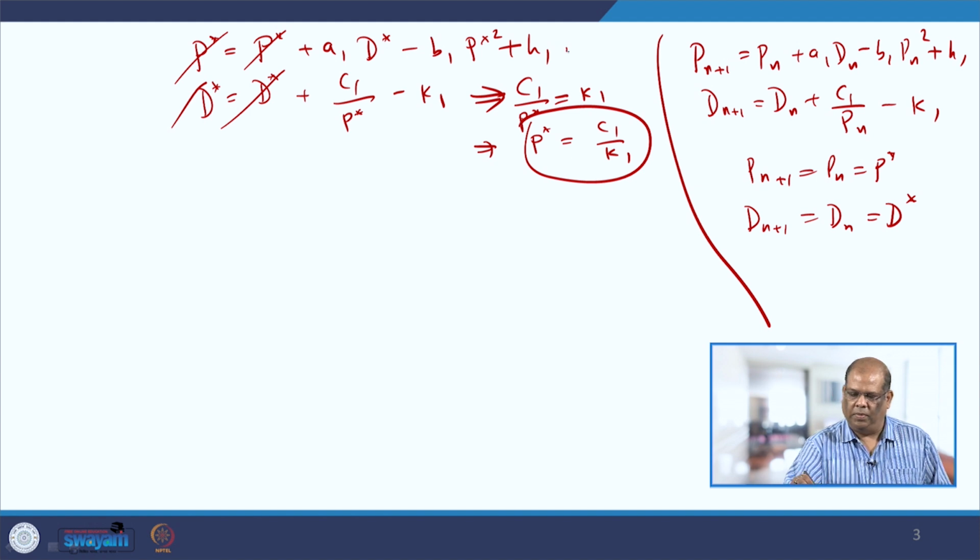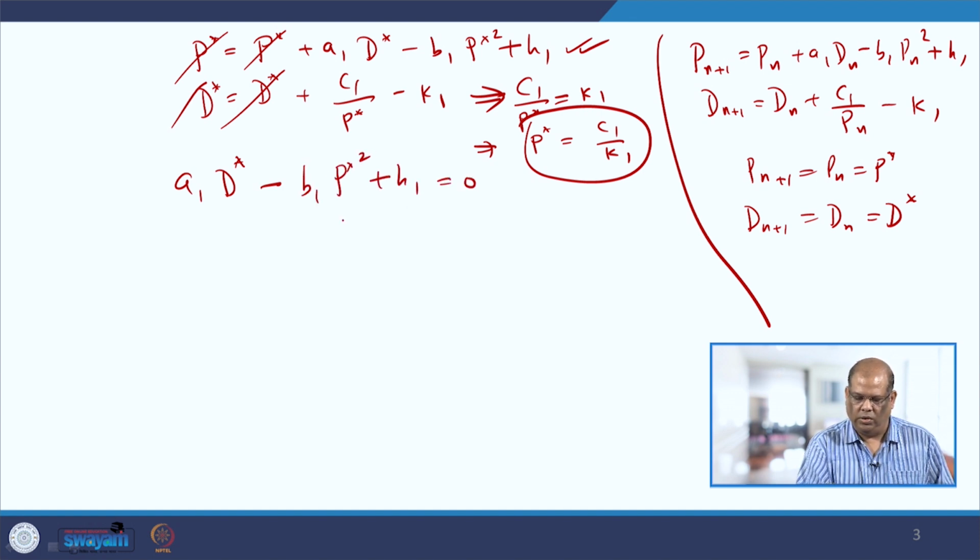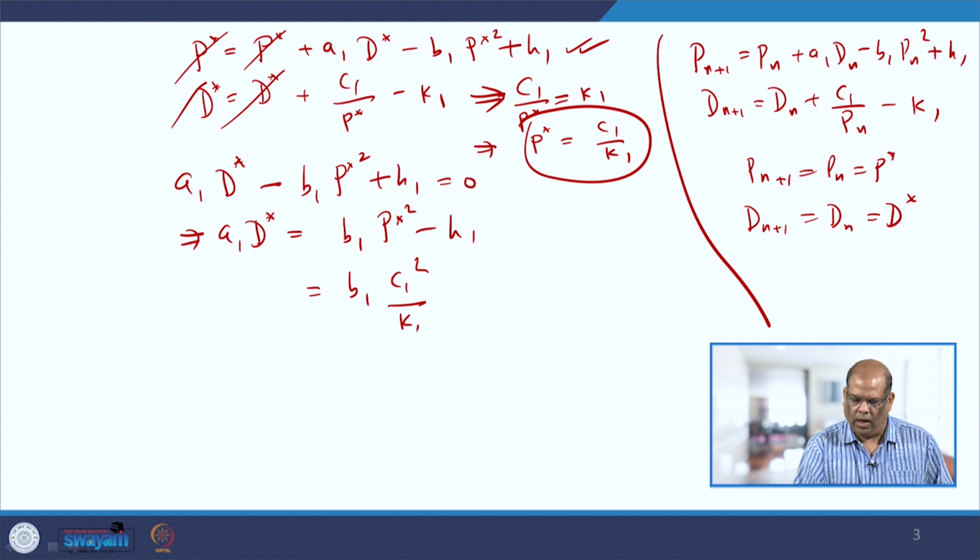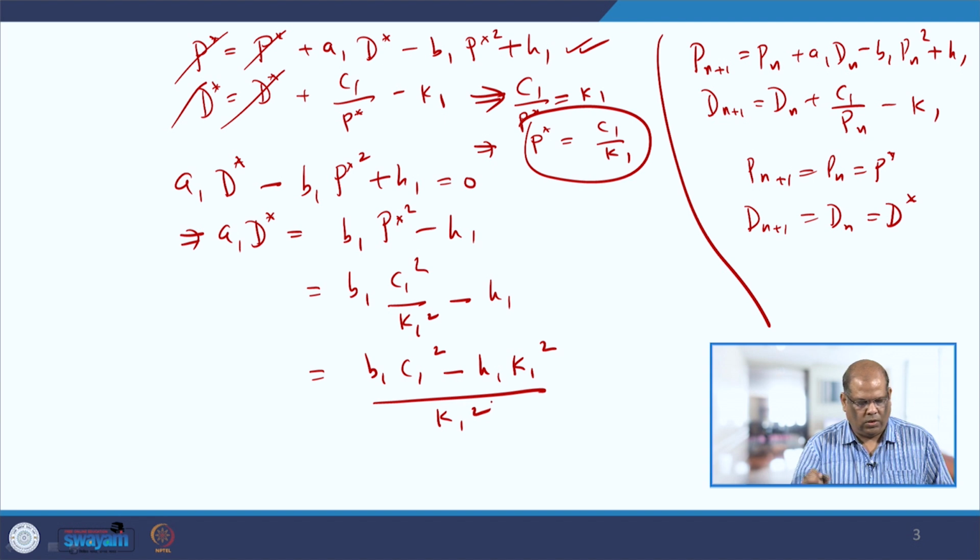I substitute this P star here, so I get A1 D star minus B1 P star square plus H1 equal to 0. This gives me A1 D star equal to B1 P star square minus H1, which is B1 C1 square by K1 square minus H1, that is B1 C1 square minus H1 K1 square divided by K1 square.